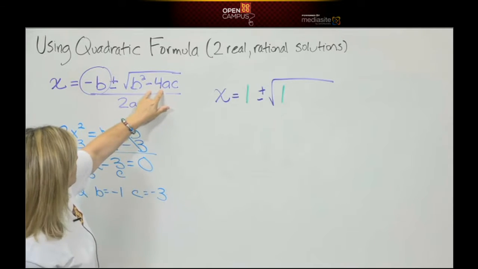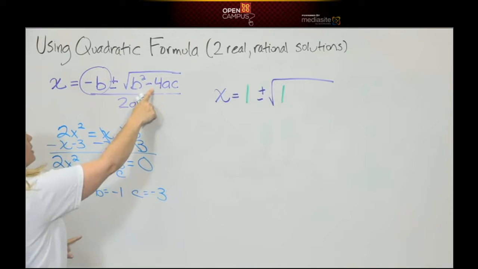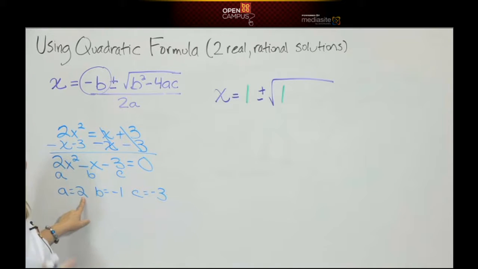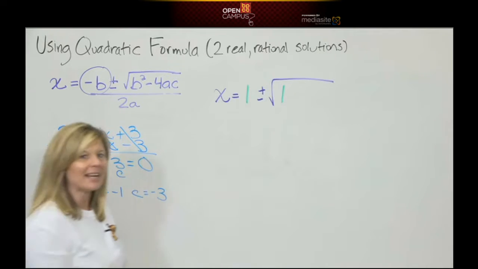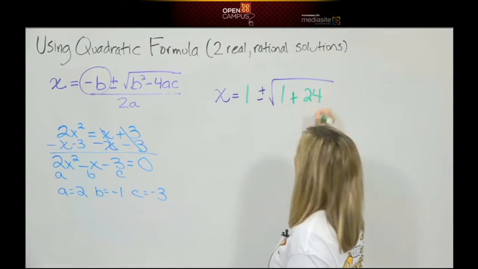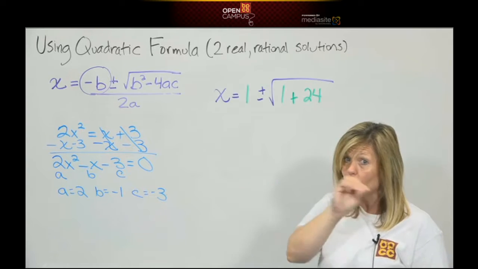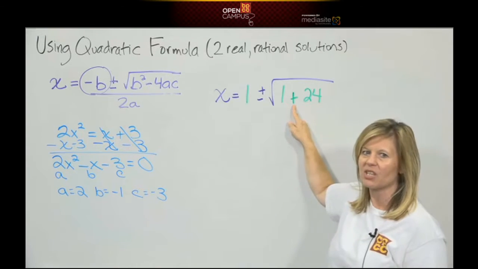I'm going to take negative 4 and multiply it by a, which is 2. So negative 4 times 2 is negative 8. Then I'm going to take that and multiply it by c, which is negative 3. So negative 8 times negative 3 is positive 24. What I want everybody to watch out for is that because there's a negative here doesn't mean there's going to be a negative sign here.